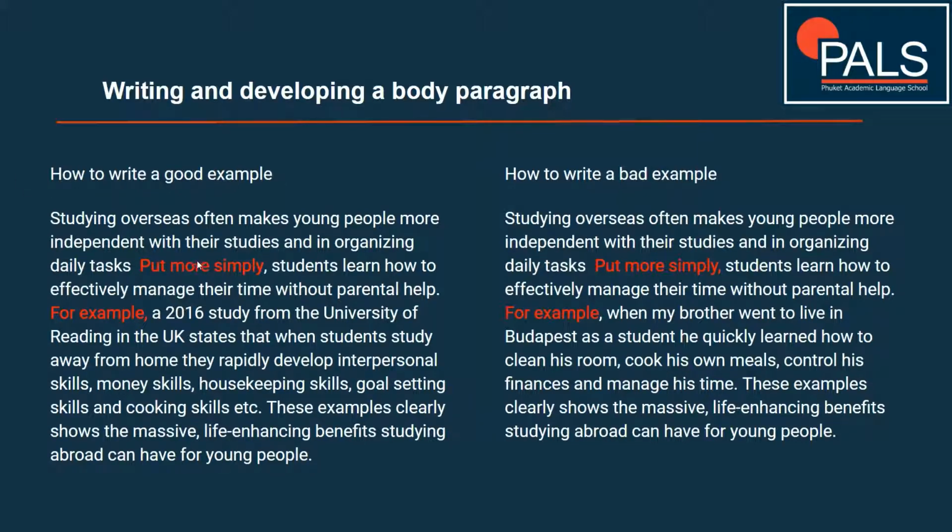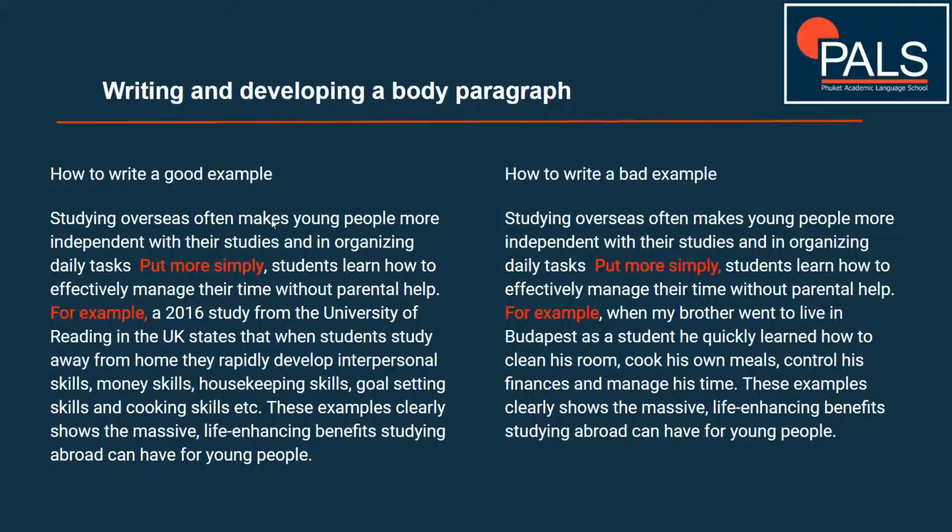You'll notice I've put some of the linking language here in red. Just for your information, this is not a perfect body paragraph by any means. It's just an extract to illustrate good and bad examples. Topic sentence: Studying overseas often makes young people more independent with their studies and in organizing daily tasks.